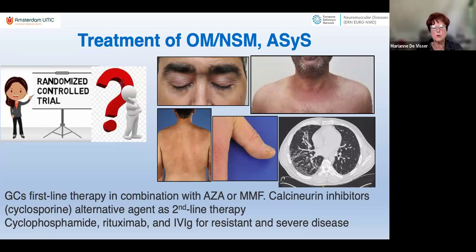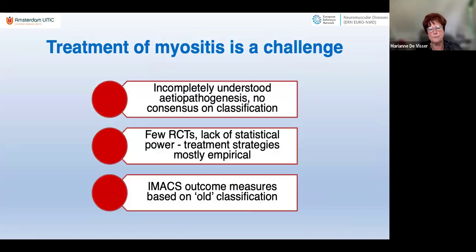Cyclosporin or tacrolimus are alternative agents, and in severe disease, cyclophosphamide, rituximab, and IVIG can be considered.